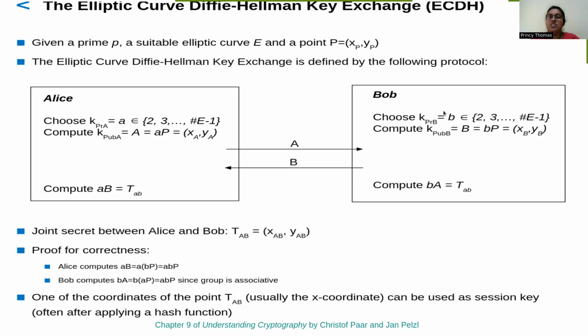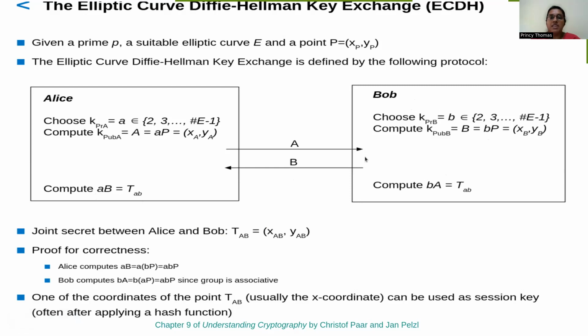Bob does the same thing. He chooses a private key for himself with the same rules, calculates his public key using BP, and sends XB, YB to Alice. Then Alice takes Bob's public key and multiplies it with her private key, and she gets TAB.